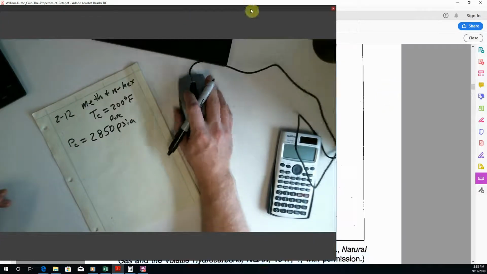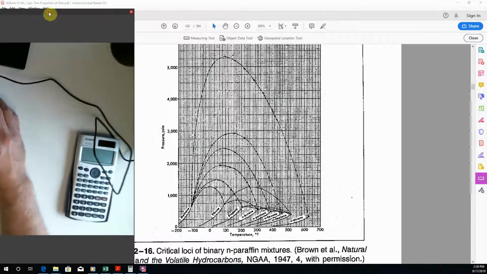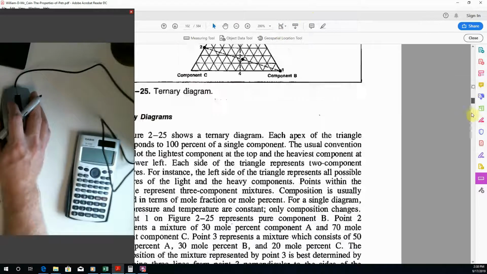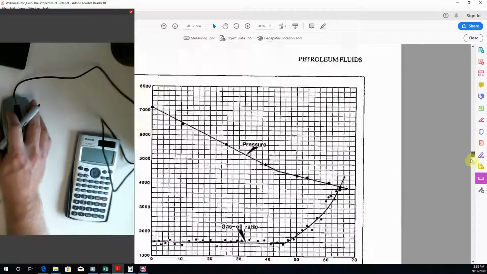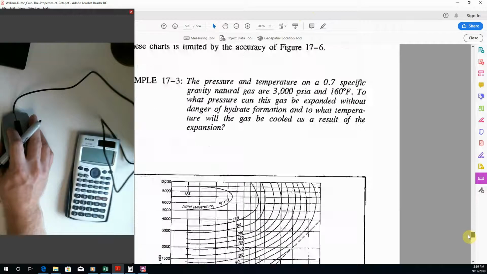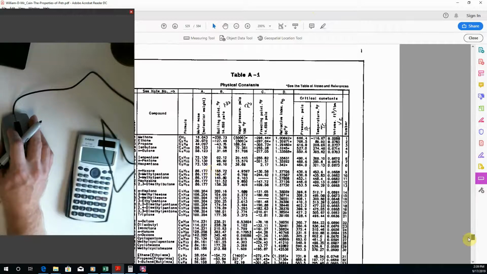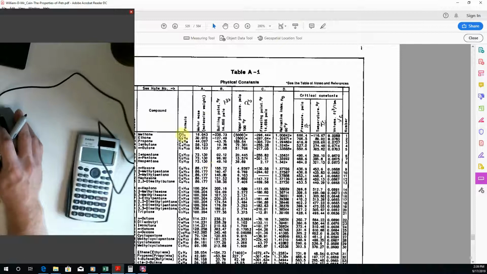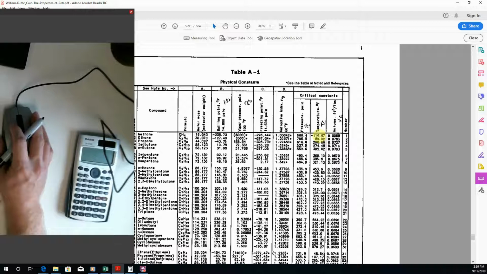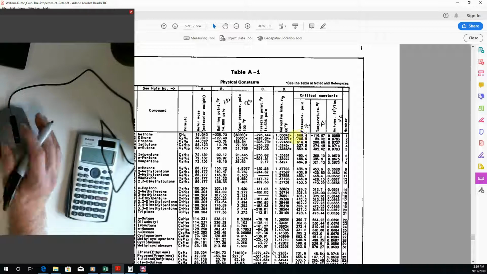These are values in the back of the book. So we'll look back in the appendix. If I scroll down to the appendix, here we go. So I can find my methane. Here's the critical pressure of methane.